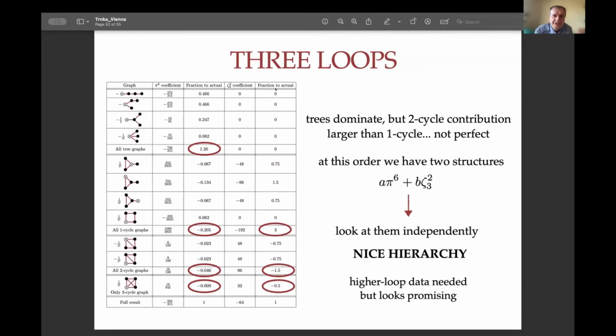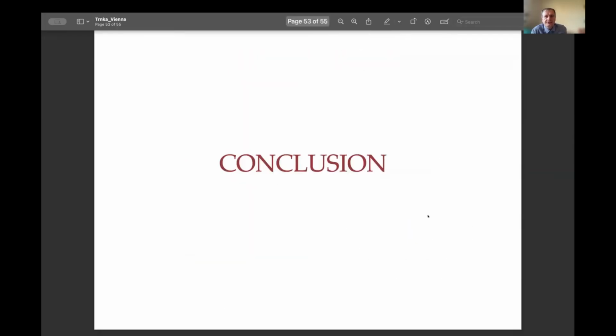And for zeta 3 squared, the same is true. It actually starts at 1 cycle, and the higher cycles have lower and lower contribution. So there seems to be a hierarchy in the contribution to gamma cusp, and more cycle graphs contribute less. But one needs to make this distinction between the different transcendentality structures in the result, between odd and even zeta values.